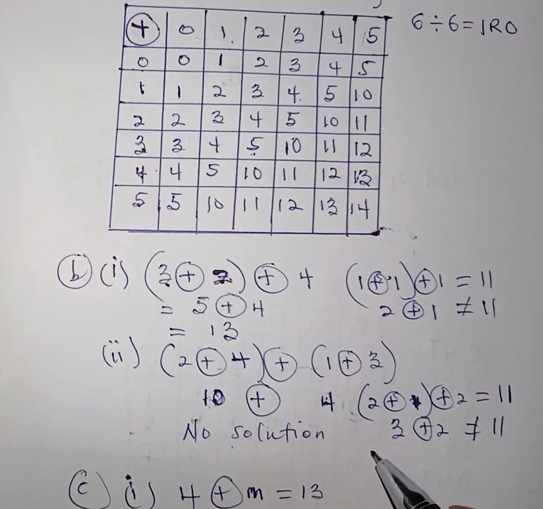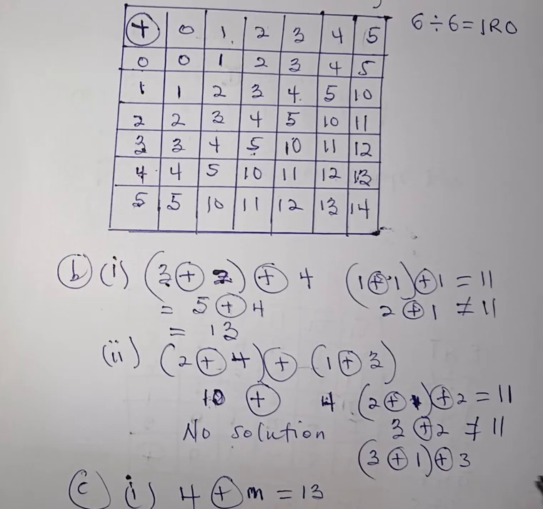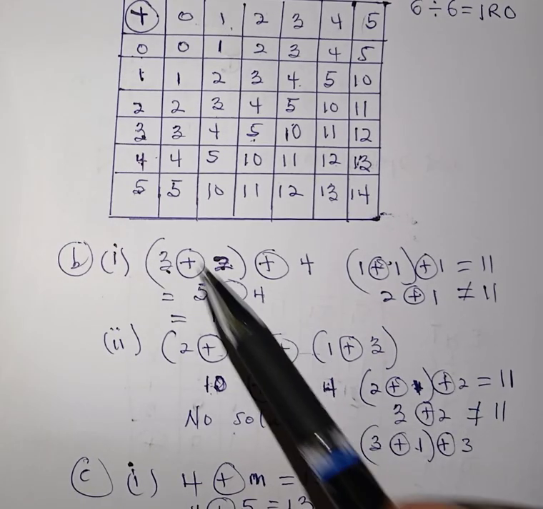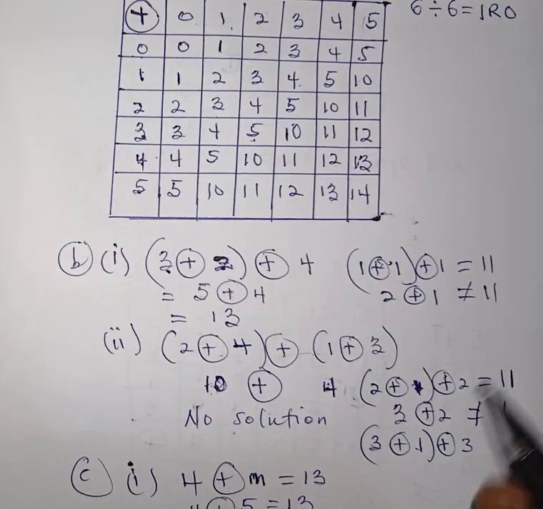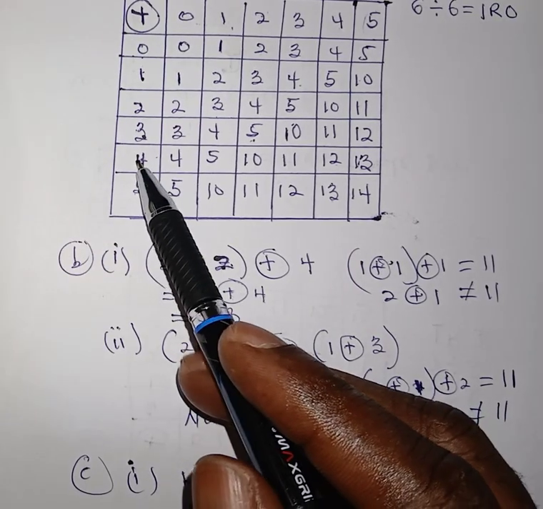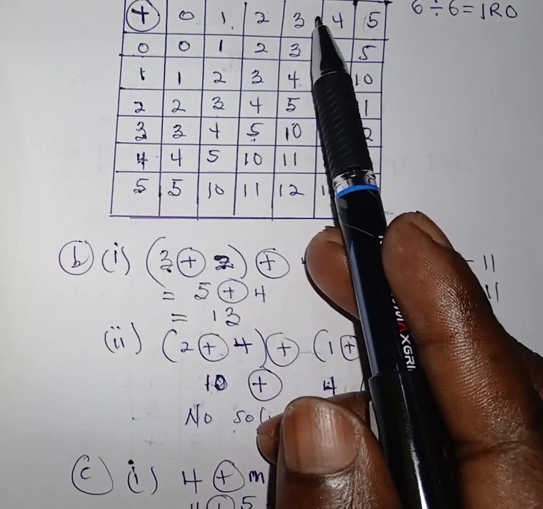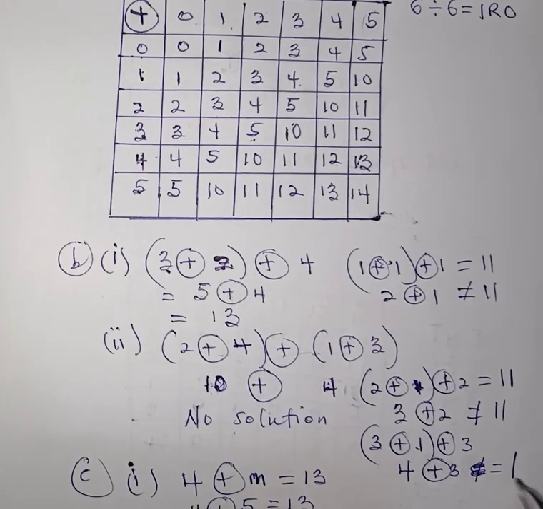So let's try 3. 3 plus 1, is it going to give us that answer? 3 plus 1 gives us 4, then plus 3 again. 4 plus 3 is going to give us 11.